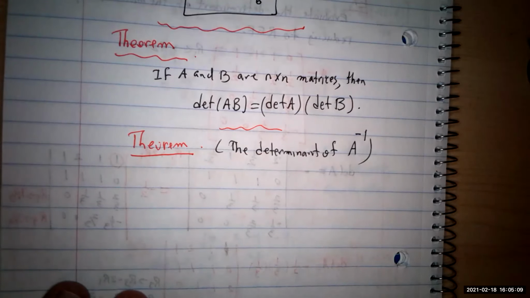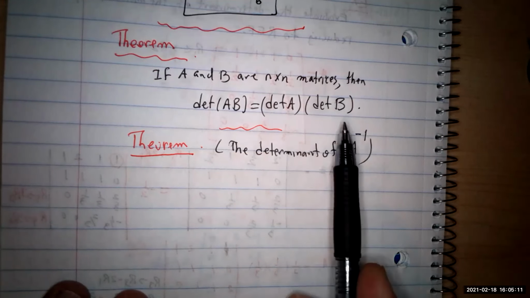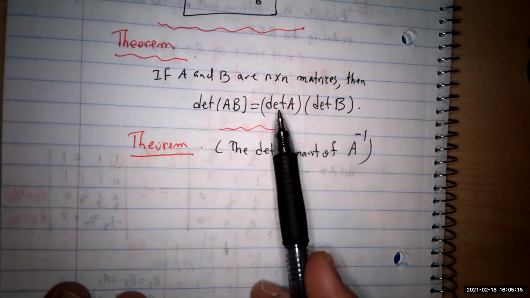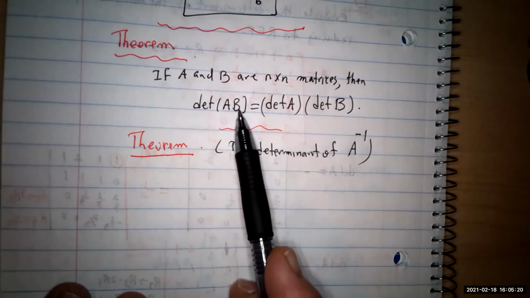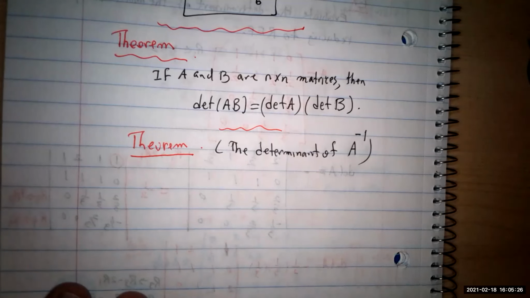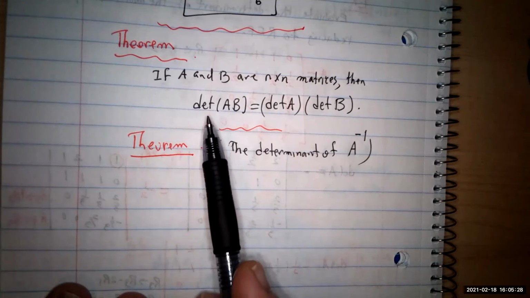Now, how are we going to find it? Very easy. Look at this one. You know that if a matrix is invertible, then A times A inverse would be I, the identity matrix. The determinant of the identity matrix is just one.